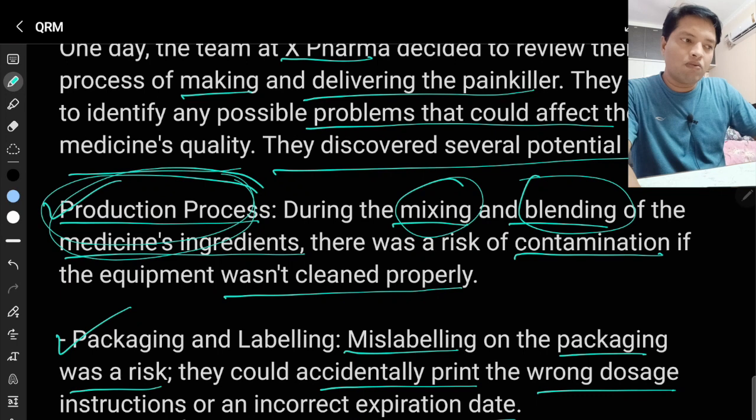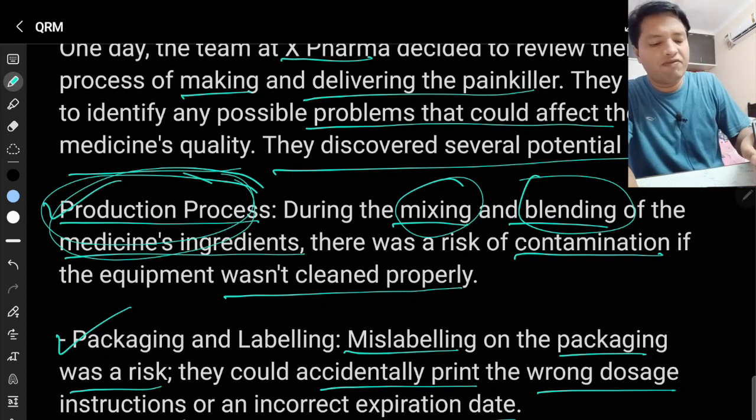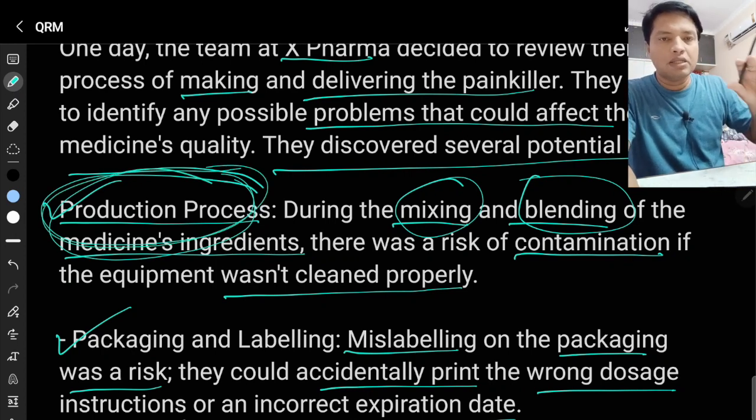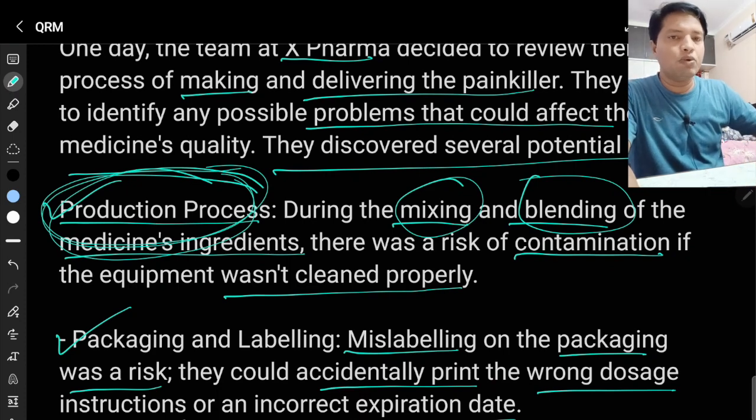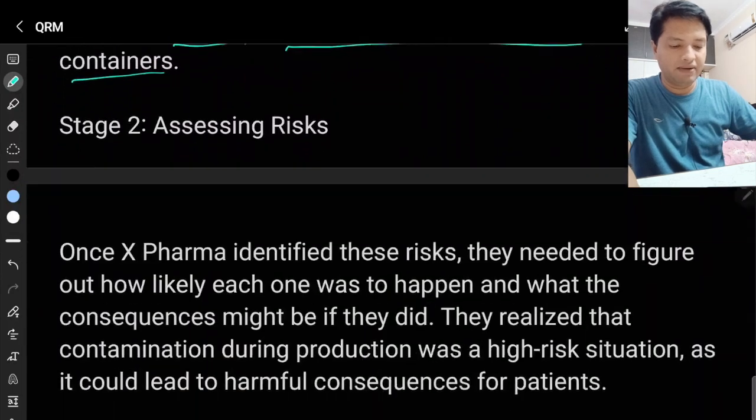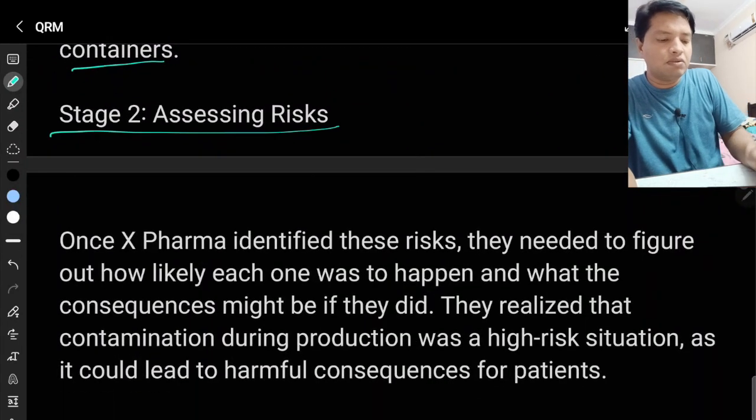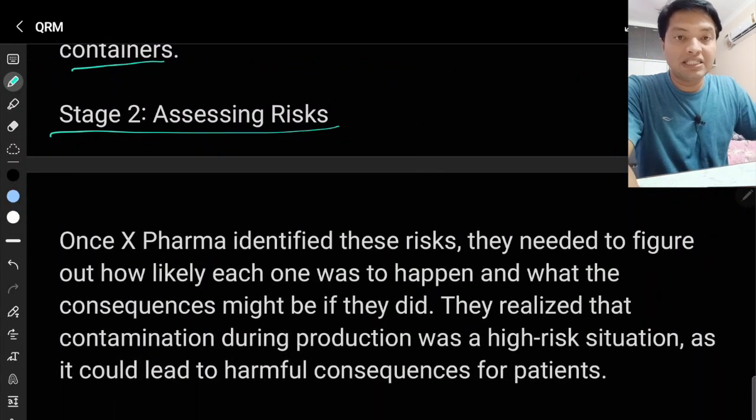Now if you don't wash that mixer or blender properly, paracetamol may contaminate your diclofenac. So that is the risk they found in the production process. We try to reduce this risk through QRM, quality risk management. We'll see here. So second stage, once you identify the risk, you need to assess the risk.